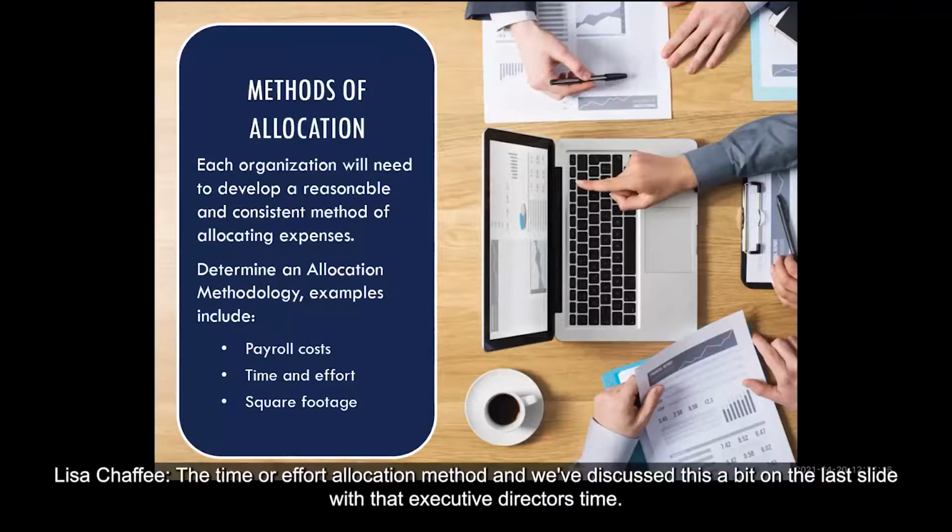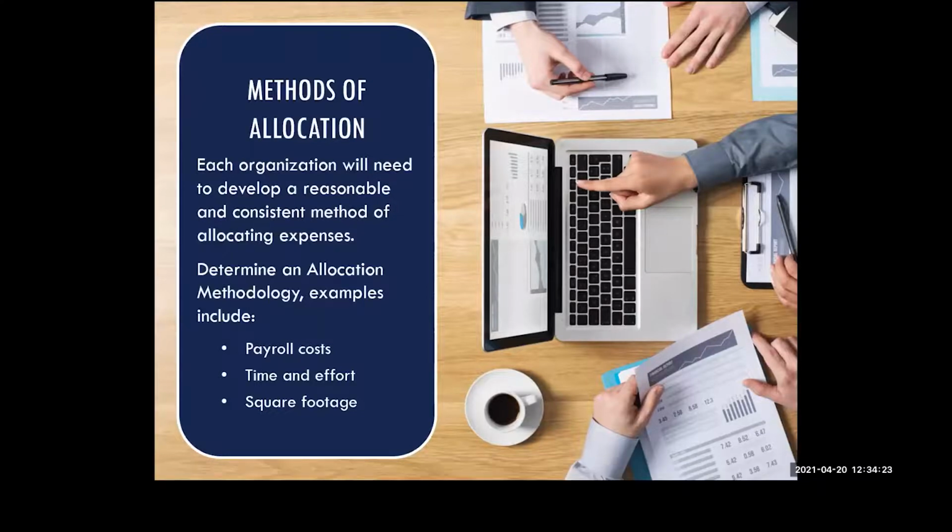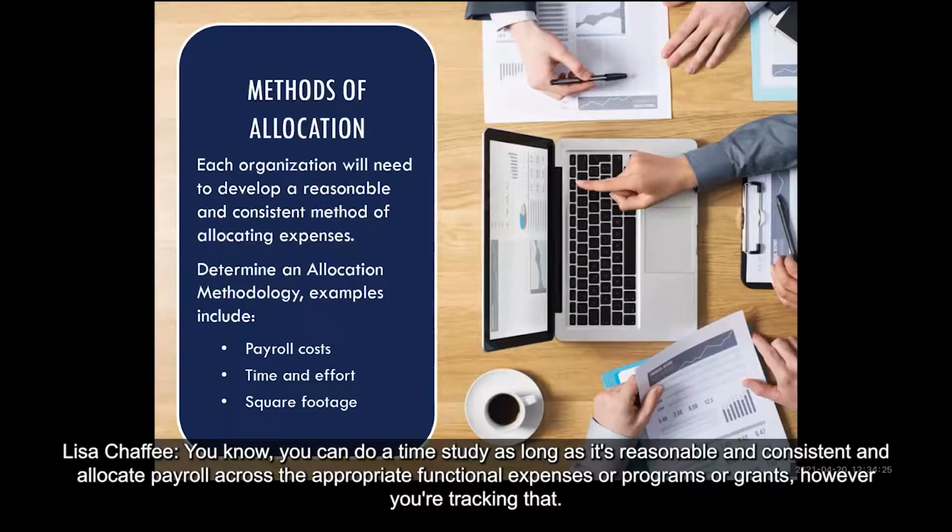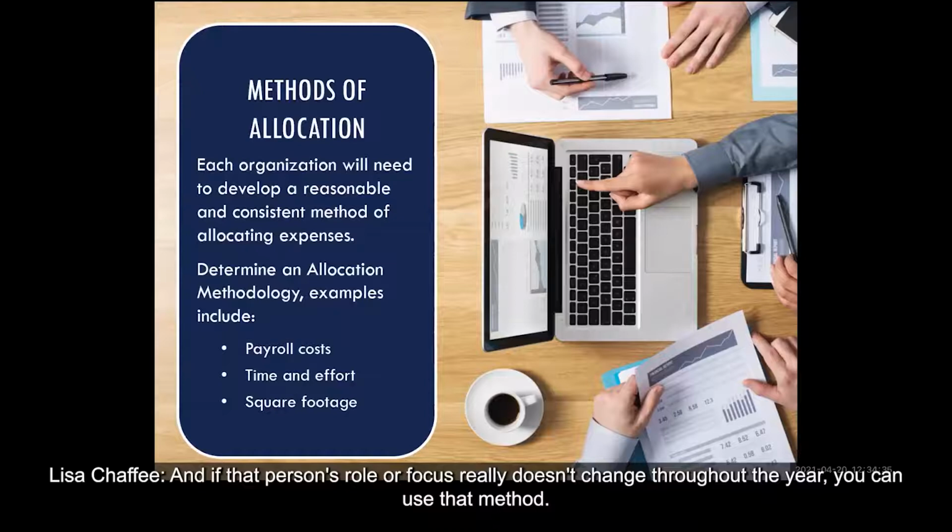The time or effort allocation method, and we discussed this a bit on the last slide with that executive director's time. You can do a time study as long as it's reasonable and consistent and allocate payroll across the appropriate functional expenses or programs or grants, however you're tracking that. If that person's role or focus really doesn't change throughout the year, you can use that method.